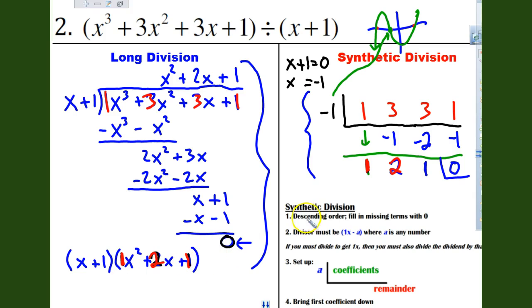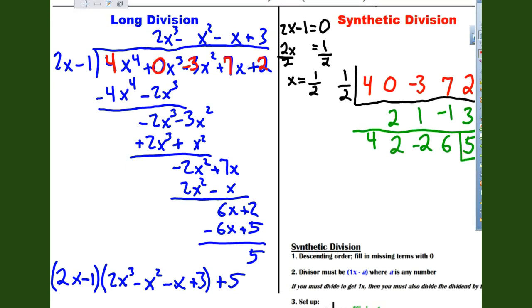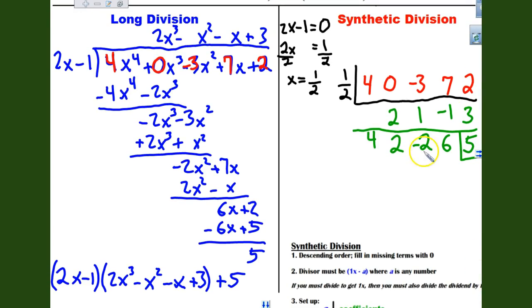So we got 1, 2, 1 on long division. I got 1, 2, 1 on synthetic. When I say, is this a good answer, that's what you're really doing. So is this a good answer? No, I got 4, 2, negative 2, 6. I should be having this, right? 2, negative 1, 3. So looks like the remainder is good, 5.